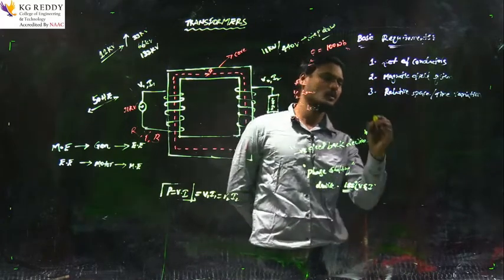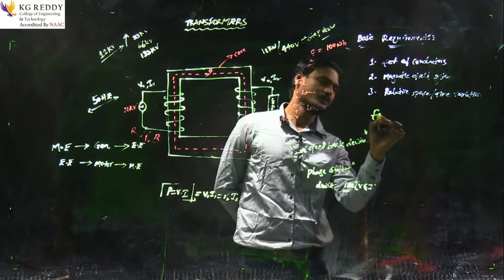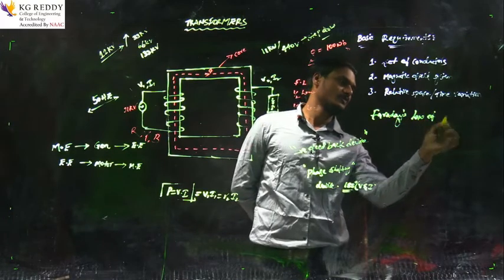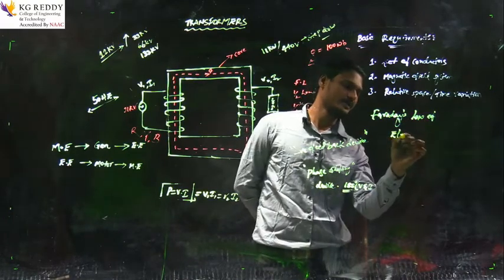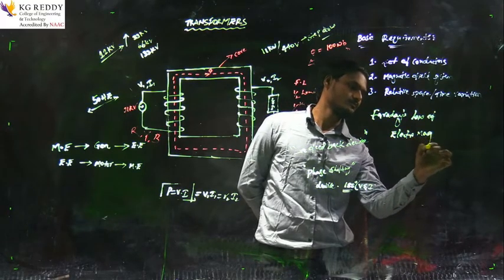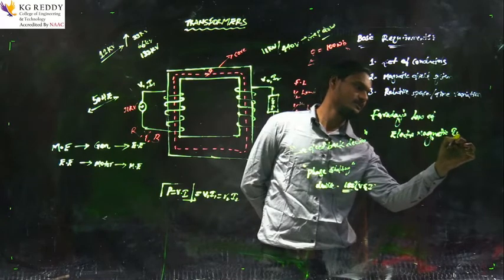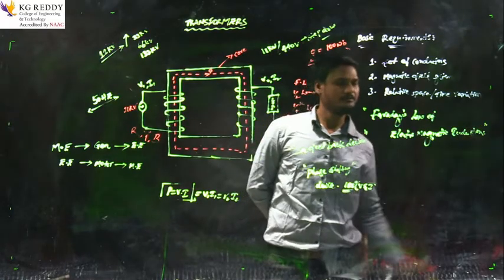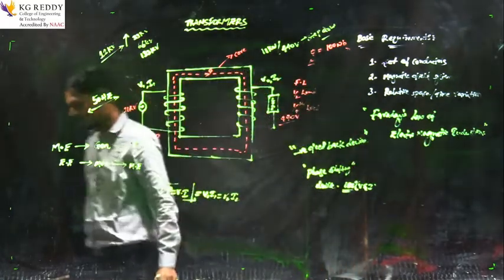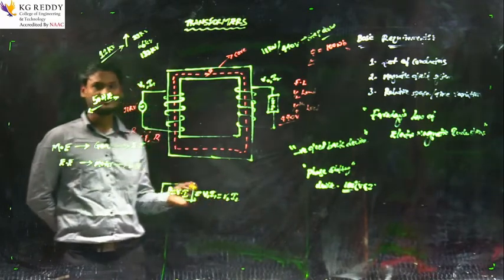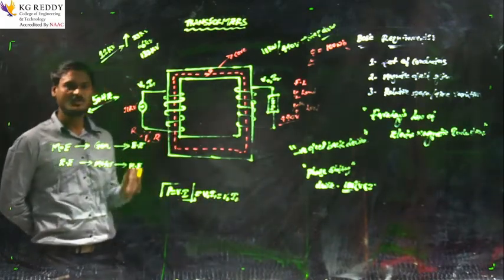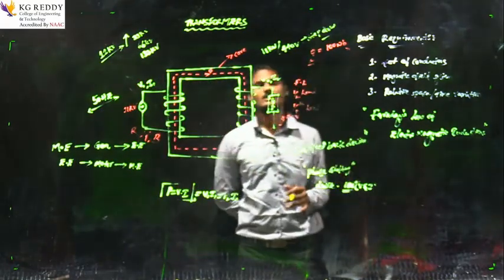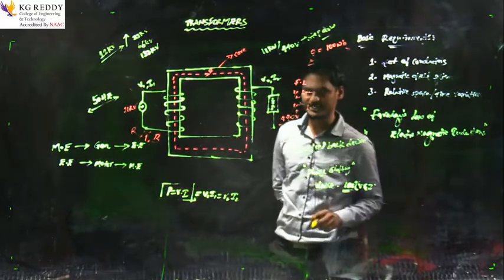On this principle only, all the electrical machines are working. The name Faraday, he is a scientist, he is the greatest scientist. Based on his principles only, all the electrical machines are working right now. Whatever machine we are using in the technology, all the machines are working on this electromagnetic induction principle.